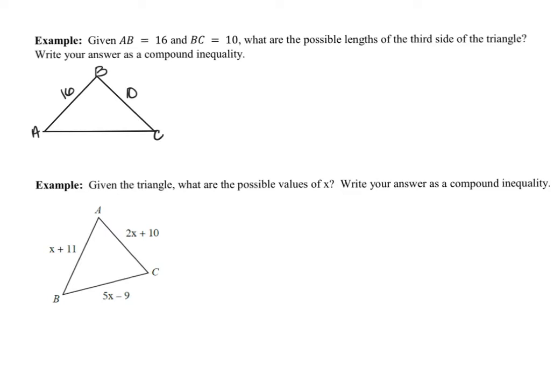So let's first start by adding AB plus BC, and that has to be greater than AC. So AB is 16, BC is 10, that would have to be greater than AC. This means 26 is greater than AC, or AC has to be less than 26.